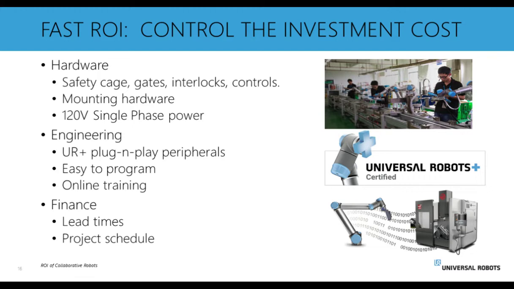Okay? From an engineering perspective, UR+, which is the program that I'm involved with, works with third-party companies to develop peripherals that are plug and play. So the difficult integration of the end-of-arm tooling that creates an additional barrier for our customers is no longer present, so that the customers get a consistent user experience with the ease of programming of the robot as well as they do with the end-of-arm tooling to help them accomplish their task more easily.